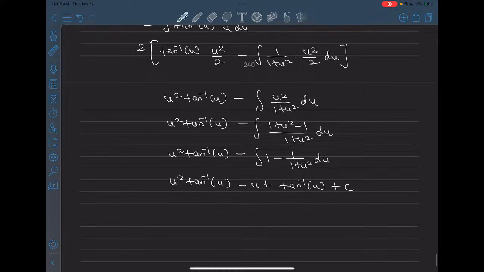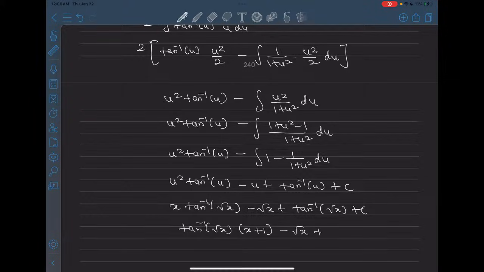And since u is root x, this is x tan inverse root x minus root x plus tan inverse root x plus c. And if you take tan inverse root x common, this is x plus 1 tan inverse root x minus root x plus c.